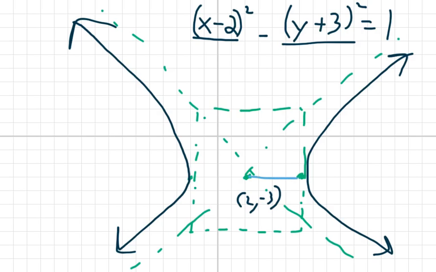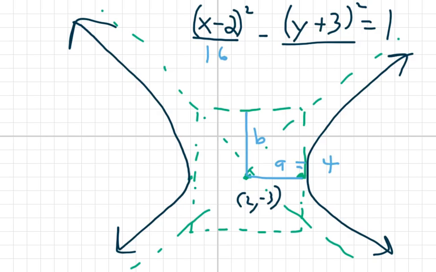Now, to figure out how big a is, we just need to figure out how far that is. So that's only going to be from 2, -3 to 6, -3. So that gives me a total of a being equal to 4, which means a squared is equal to 16.